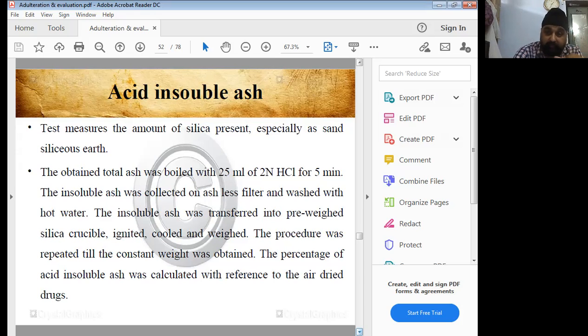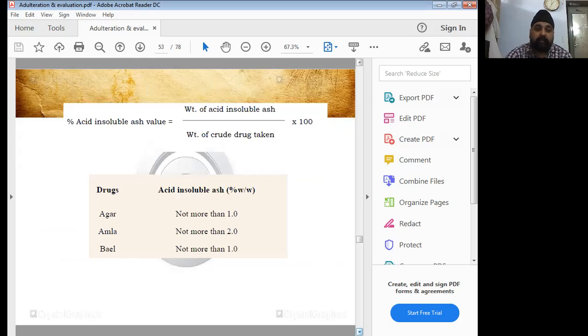The soluble ash will go; the part which is not soluble, we take out by filtering, wash again with hot water, and dry it to determine its weight. These are the values of acid insoluble ash, given in percentage weight by weight. For agar, it should not be more than 1%. For amla, it should not be more than 2%.